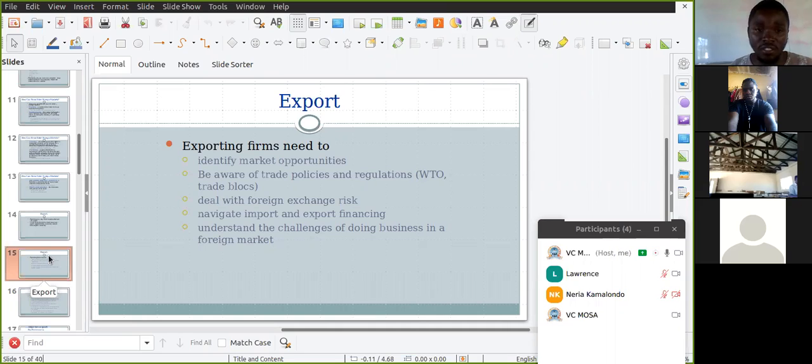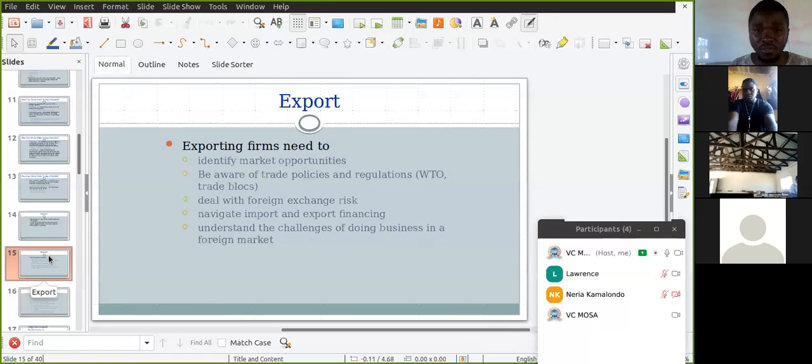So those are the world trade policies that you need to be aware of. Is it free trade? Are there tariffs? Are there quotas? Those are the things that you need to think about in as much as you are trying to use export as a mode of international business, because not all countries practice free trade.